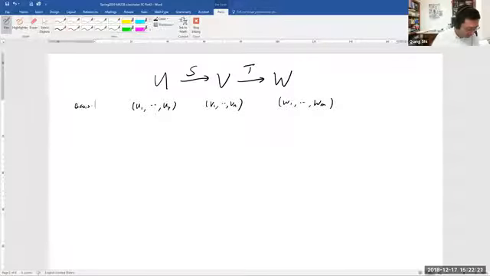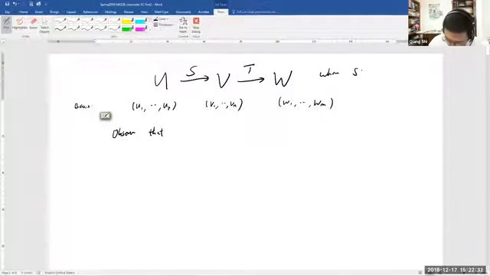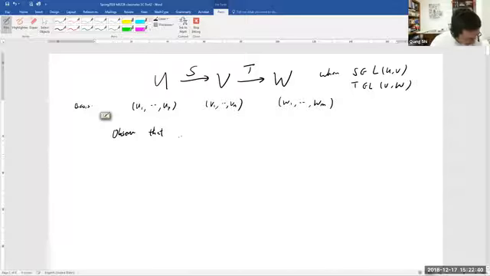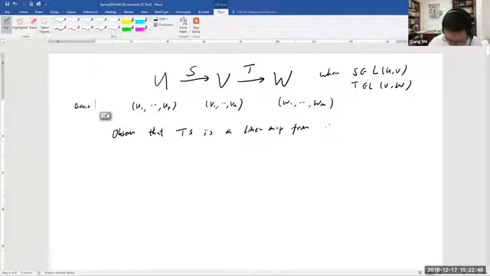Observe that in this case, S belongs to the linear maps from U to V, and T belongs to the linear maps from V to W. And observe that TS is a linear map from U to W. Of course, we assume all of these are finite-dimensional vector spaces.